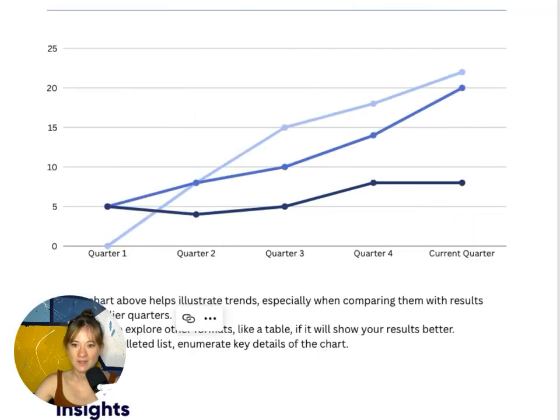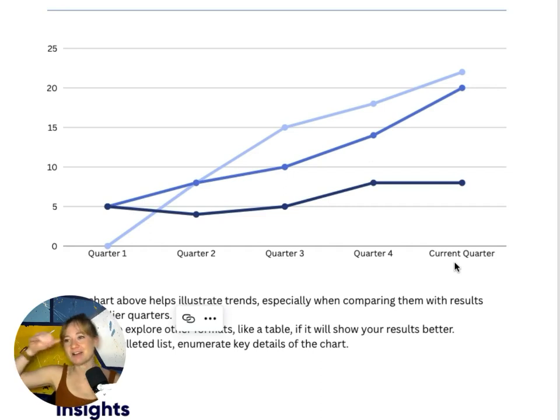When you're tracking your data, you can do this in a Google Sheet and add it into Canva, or you could do it right in Canva. But either way, you want to track that revenue goal that you're reaching every quarter to make sure that you're on the right track. And any other goals.